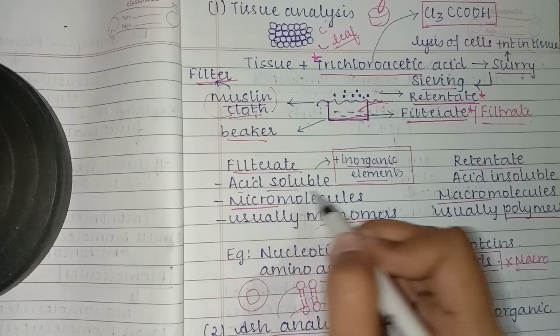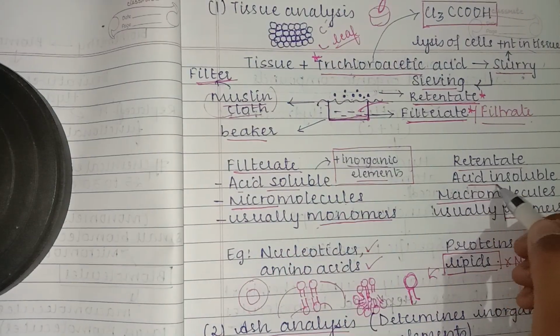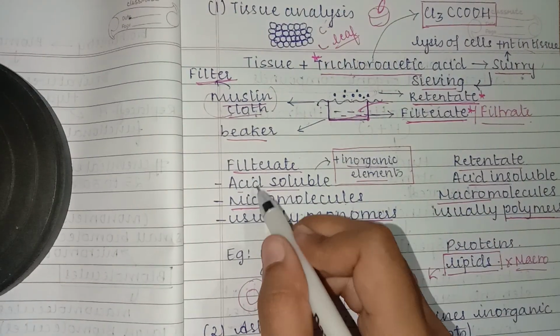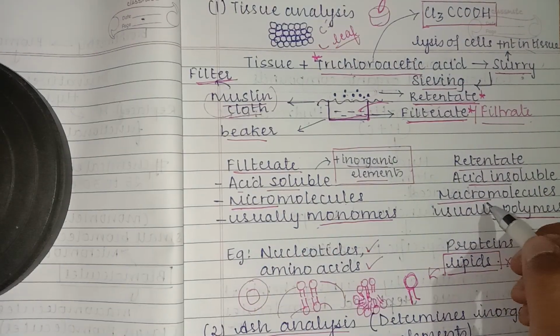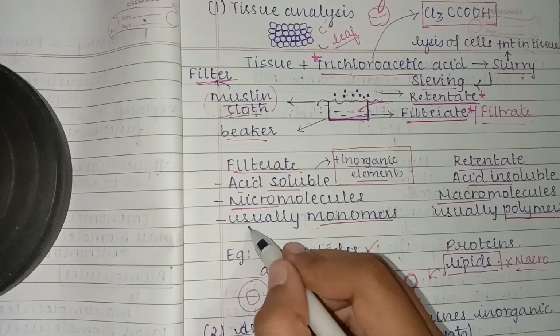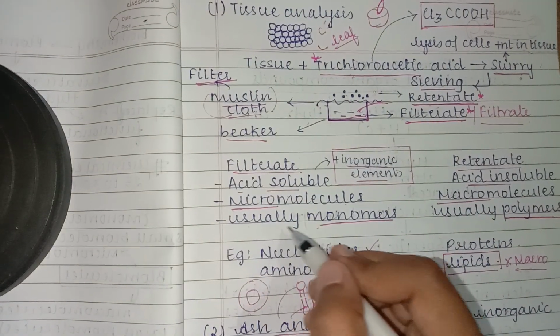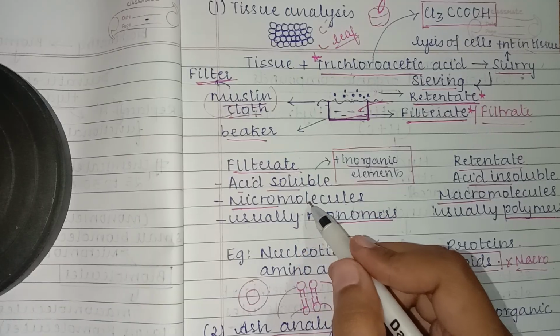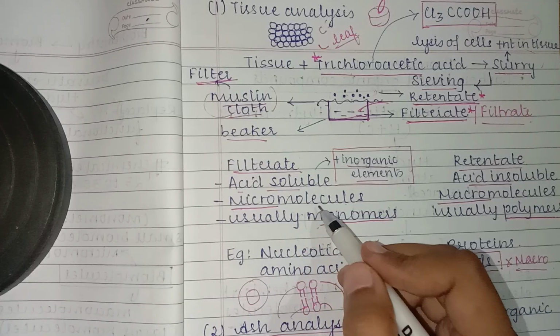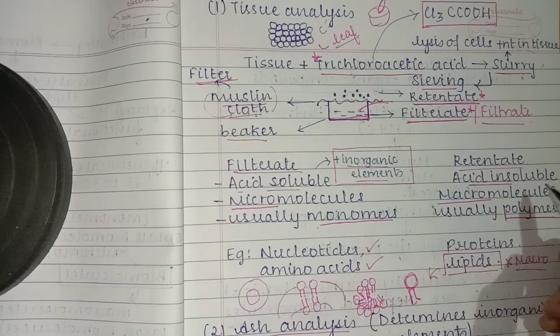Filtrate will be acid soluble, whereas retentate will be acid insoluble. Filtrate will contain micromolecules, retentate will contain macromolecules. Filtrate will usually have monomers, but retentate can have polymers.